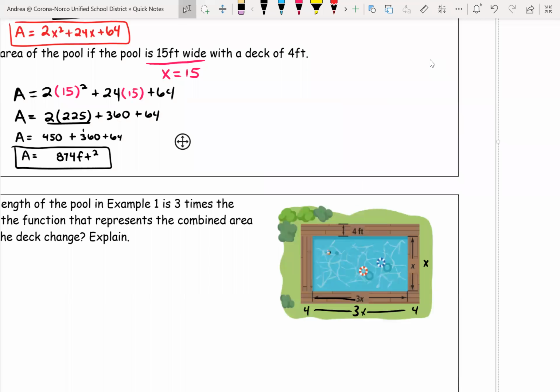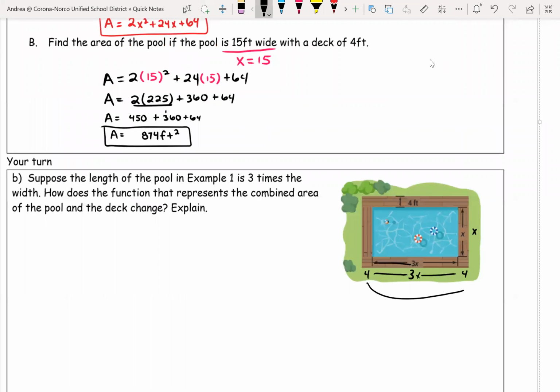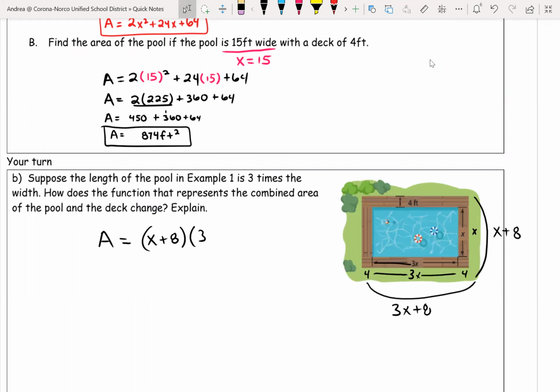Okay, so again, the length of this whole thing is 3x plus 8. The width of this whole thing is x plus 8. So to find the area, we just multiply the two together. X plus 8 times 3x plus 8.